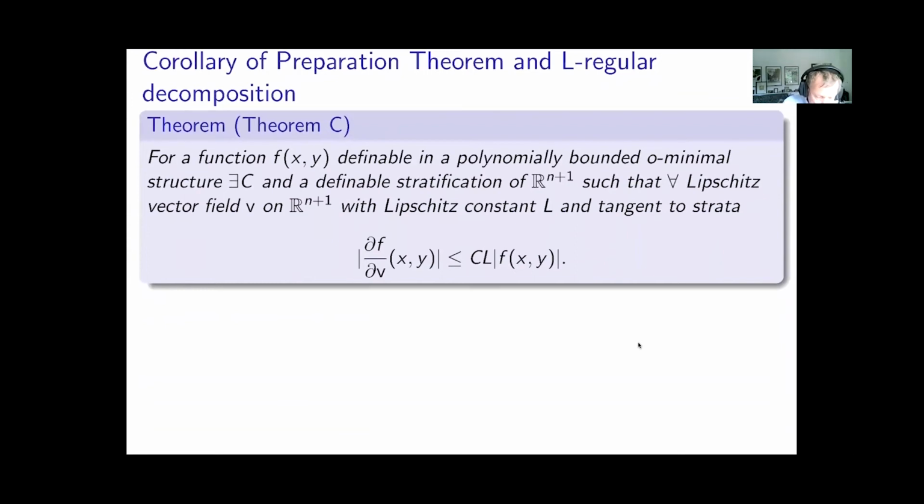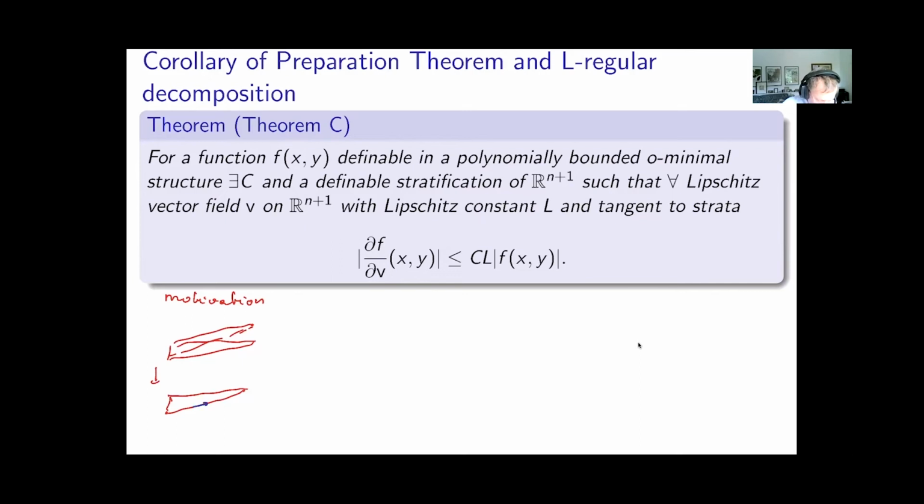Maybe the motivation for this theorem first. Assume that you have two leaves, like two cells, over one of them.